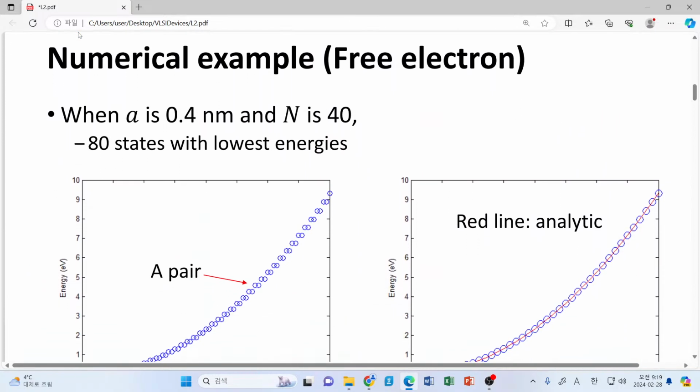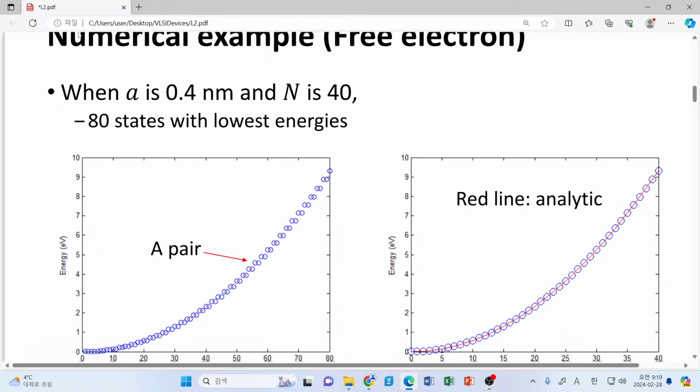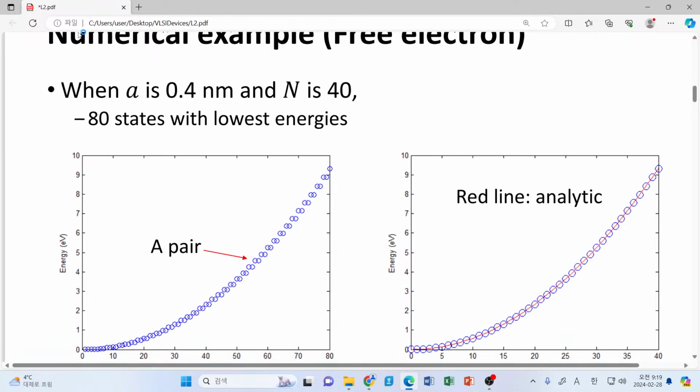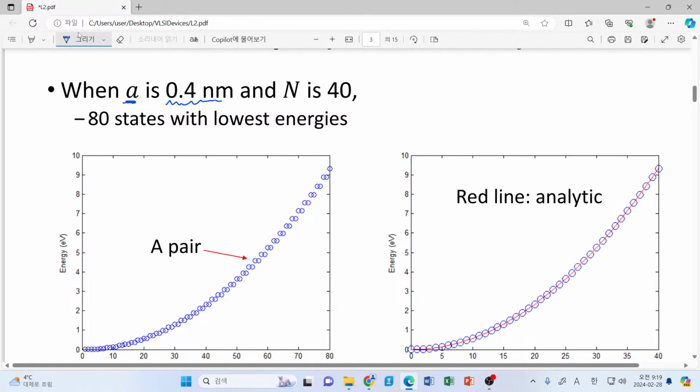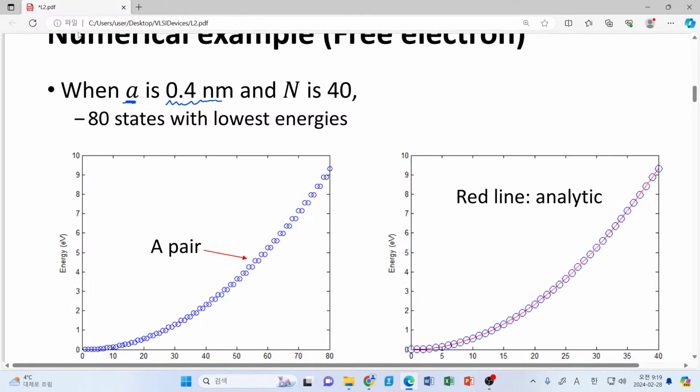Oh, sorry about that. So I have prepared a numerical example for free electron. I have prepared the unit cell size A of just 0.4 nanometer, which corresponds to 4 angstrom, so atomic scale. And N is quite small, just 40.